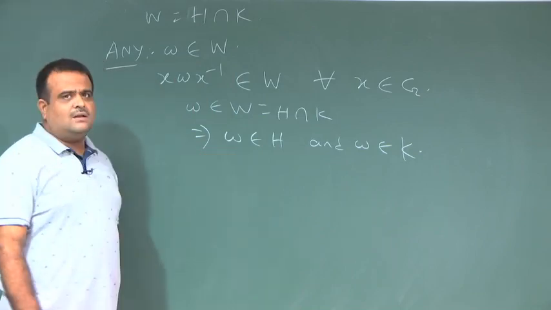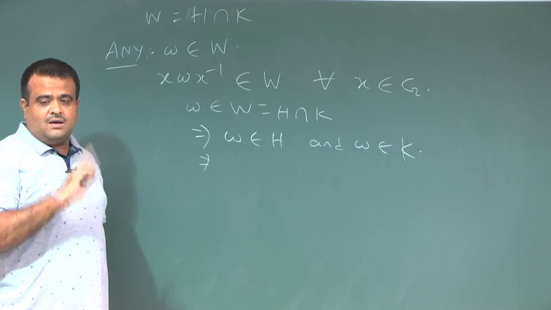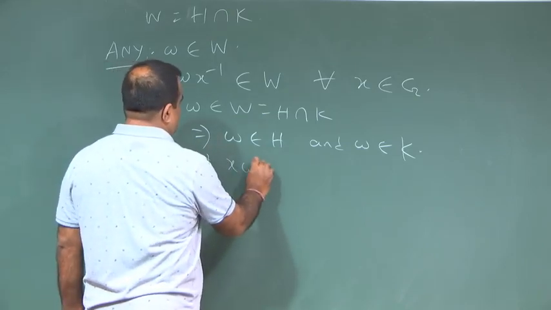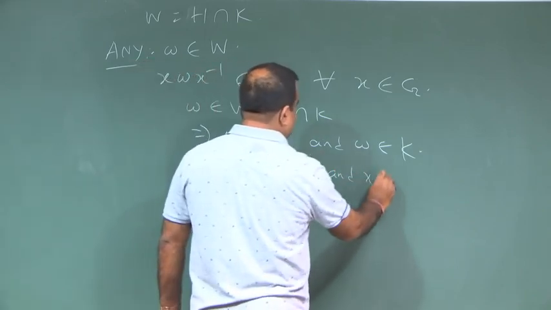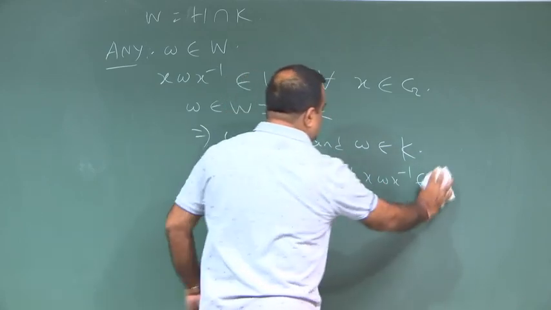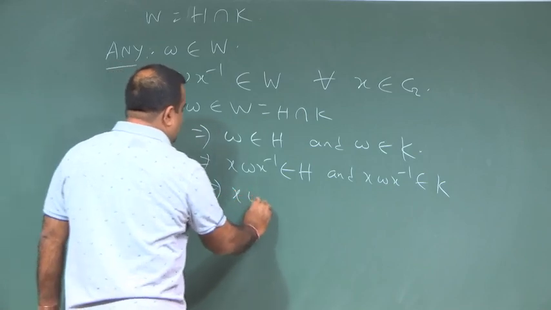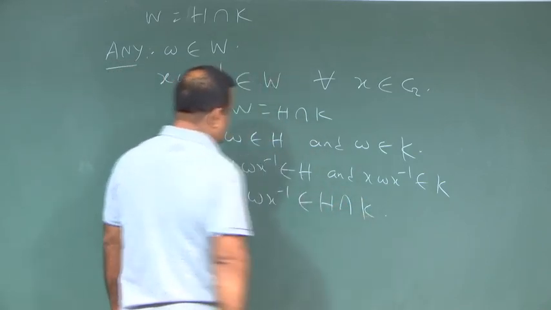Now, these both are normal subgroups. So, by the necessary condition of the previous theorem, x w x inverse belongs to H and x w x inverse belongs to K. Together, this implies x w x inverse belongs to their intersection.